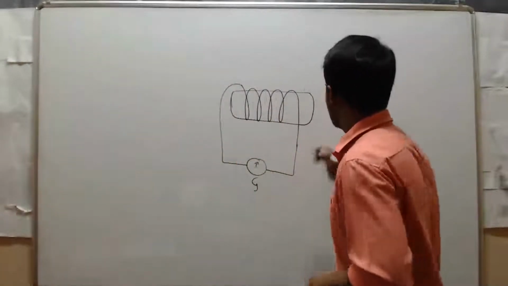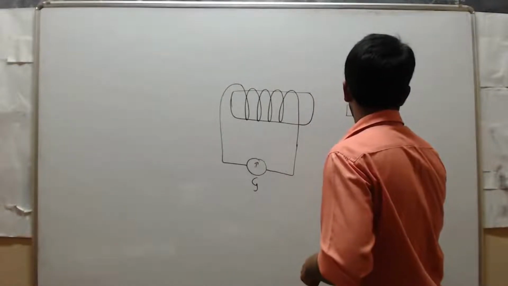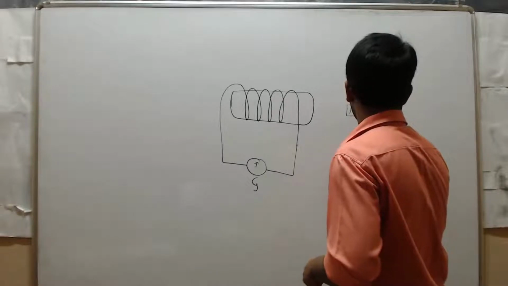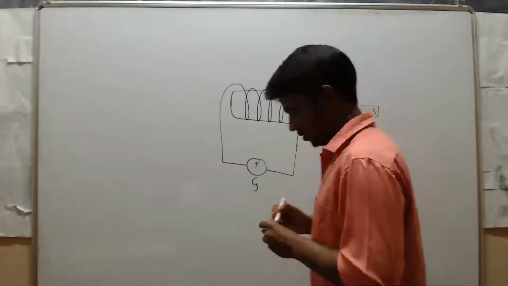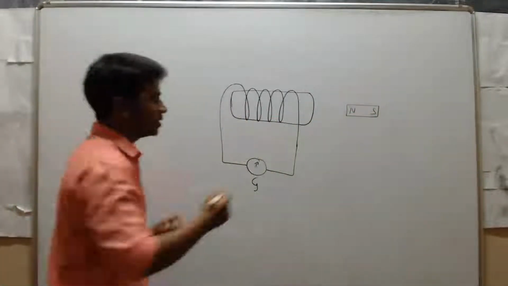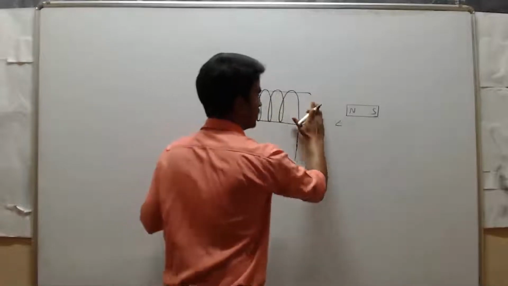Now take one bar magnet. We have to bring this magnet inside the coil.